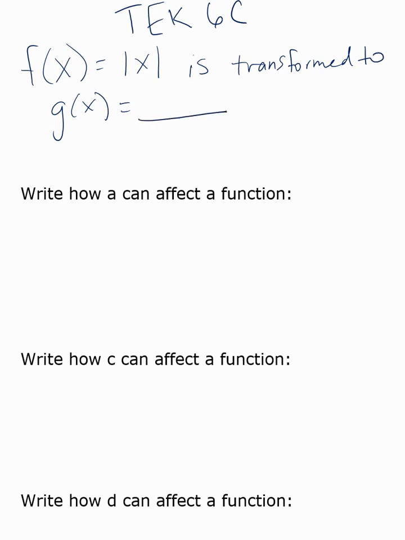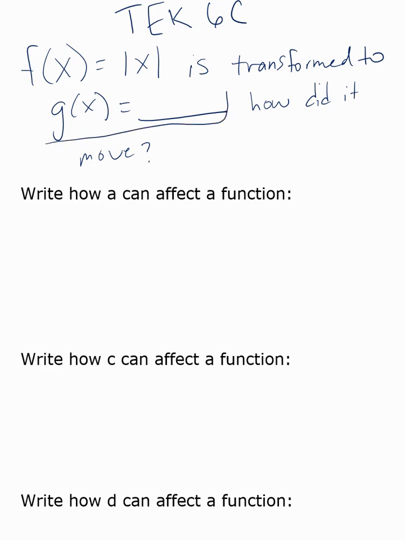How did it move is the question. Then you have to pick the correct answer choice that says it moved to the right this many points, it moved down this many points, and so on.